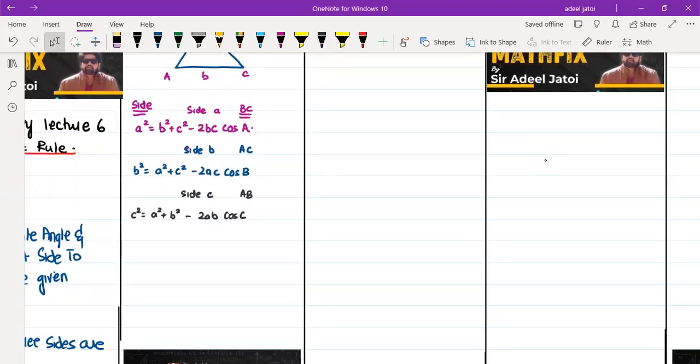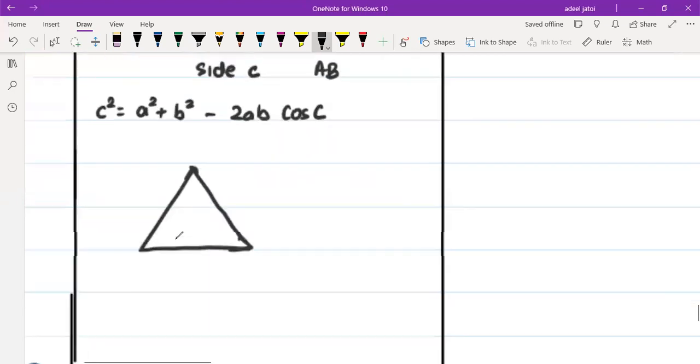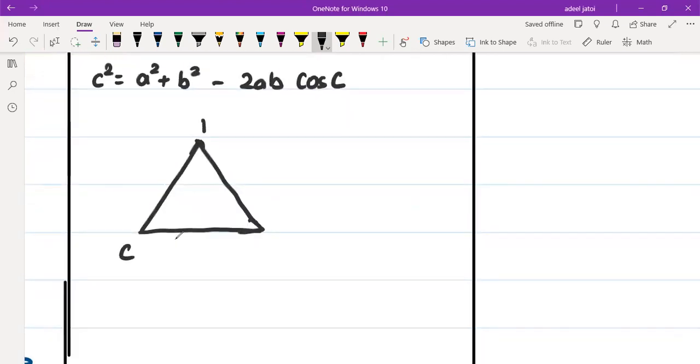So that means if we have a non-right angle triangle, and this is CDE, and I've been given that this is 60, 10 and 12. Now, that means for such question, I will be told to find side ED or DE.